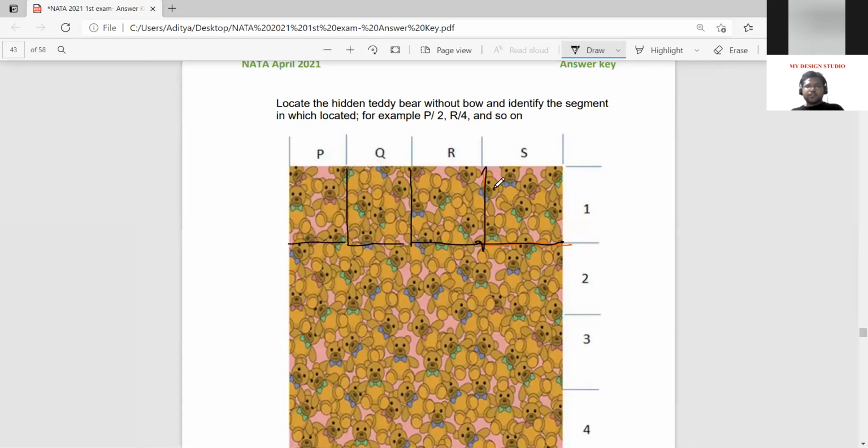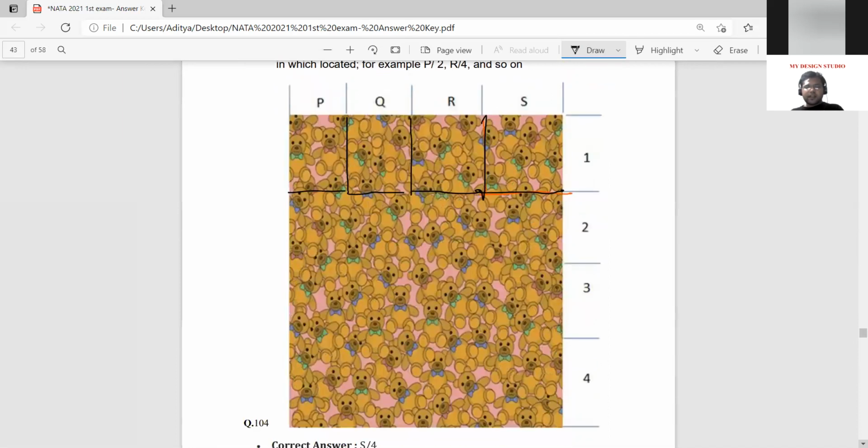So you need to go tile by tile, and what we need to identify is the hidden teddy bear without bow. The teddy bear which does not have a bow, we need to identify. We can simply go exploring for that from the bottom, and wherever we identify it, we'll locate that.